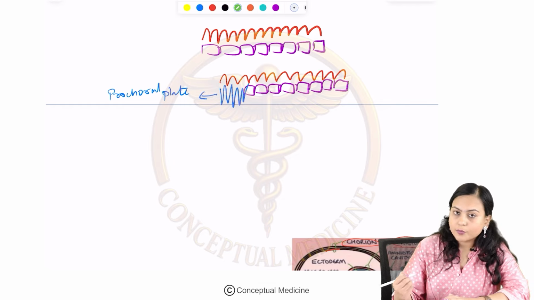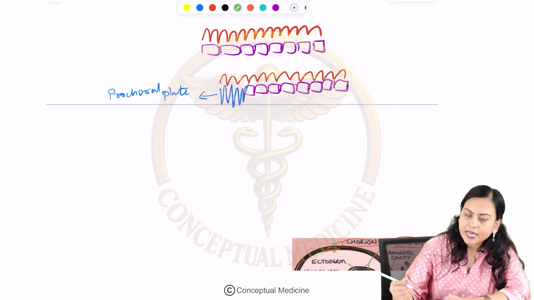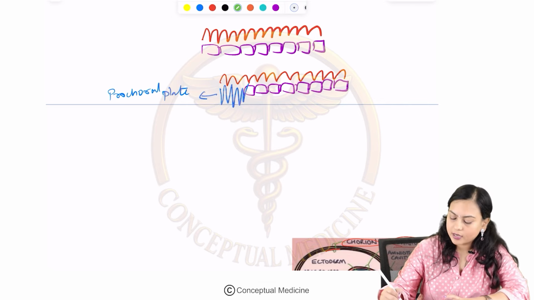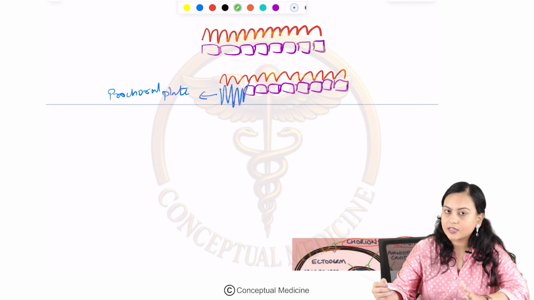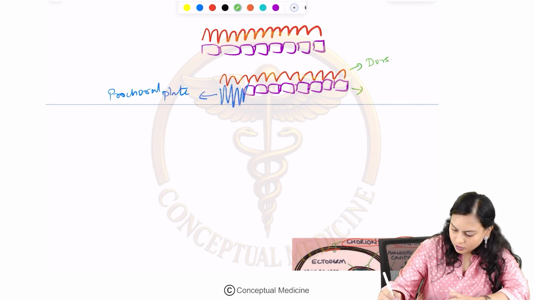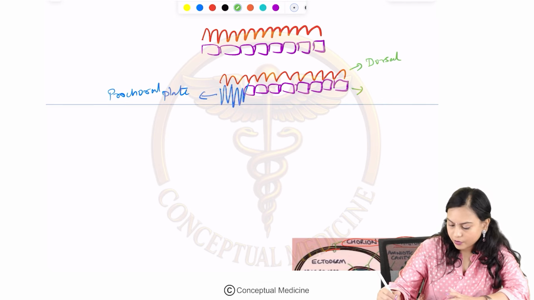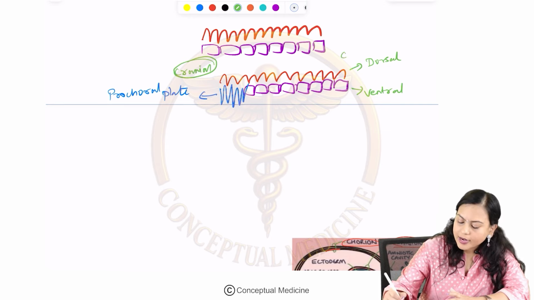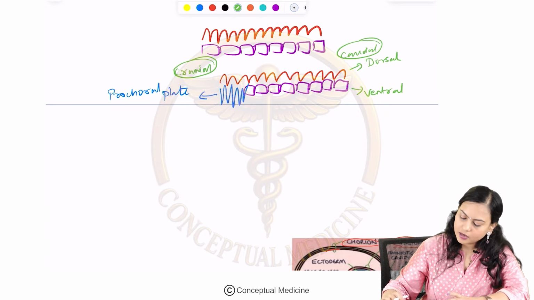After the formation of the procaudal plate, we will be able to identify the ventral and the dorsal aspects of the embryo as well as the caudal and the cranial ends. Okay. So this is basically the dorsal region of the embryo, and this is the ventral region of the embryo, and this is the cranial aspect of the embryo, and this is the caudal aspect of the embryo. Okay.